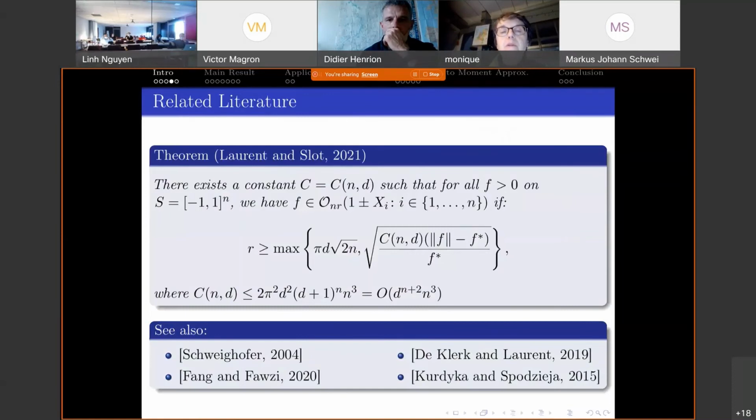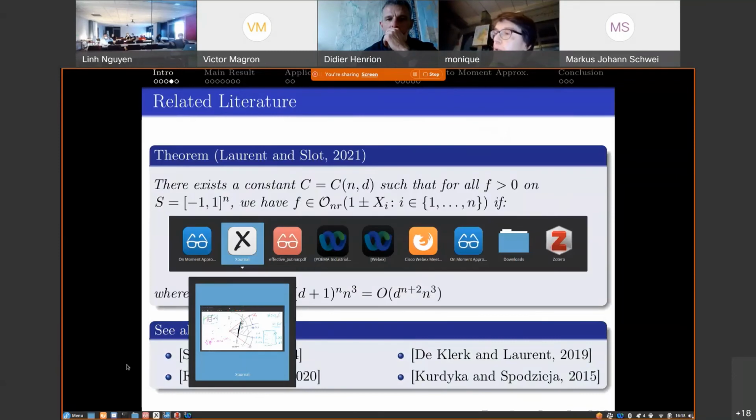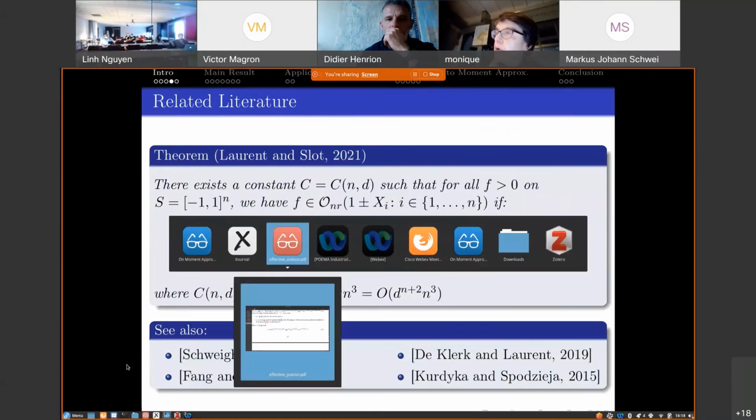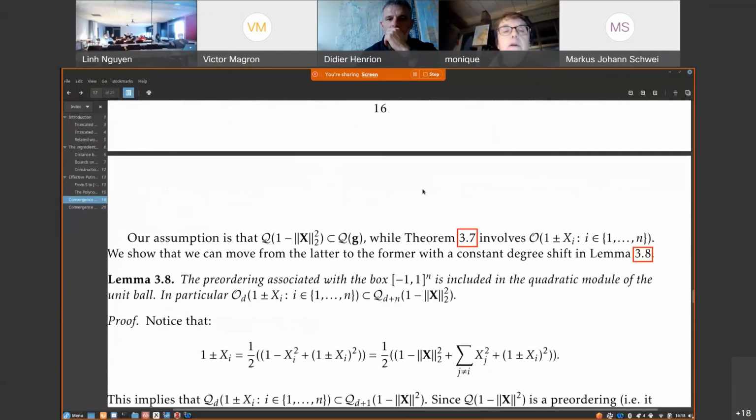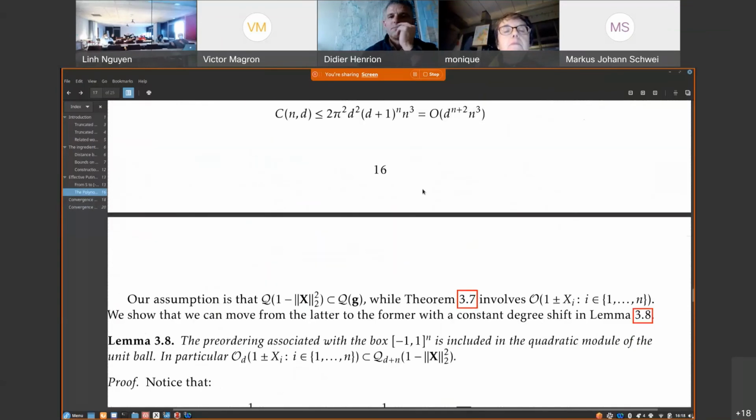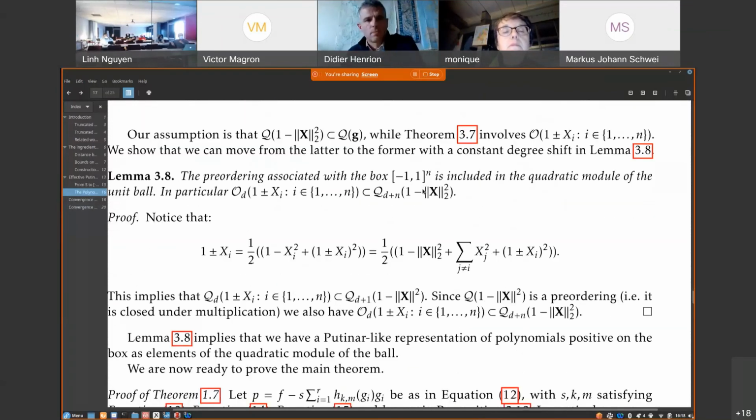Not really. Because on the other hand, you could replace the hypercube by the ball. I can show you why it doesn't matter. It's here. So the preordering of the hypercube, you see, it's inside the quadratic module here.